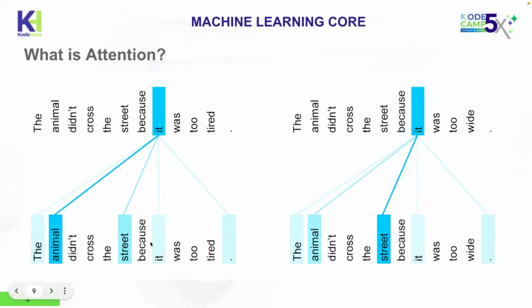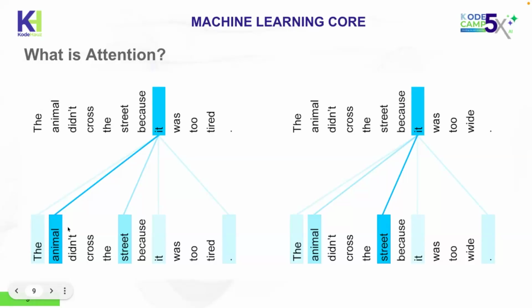That's the weight we are talking about. Now, in this case, we are picking just one word, the "it" which we are talking about. You can see that these ones are lighter, which means the weighting is less, so the impact is very small. But you can see the animal is much bolder.